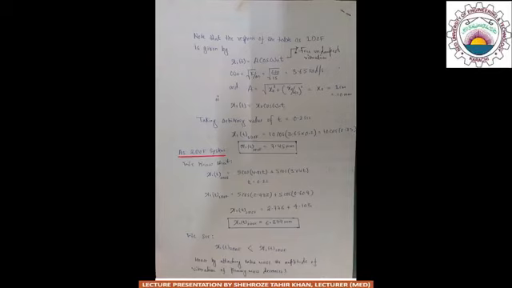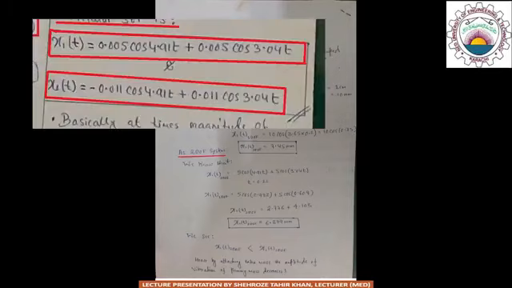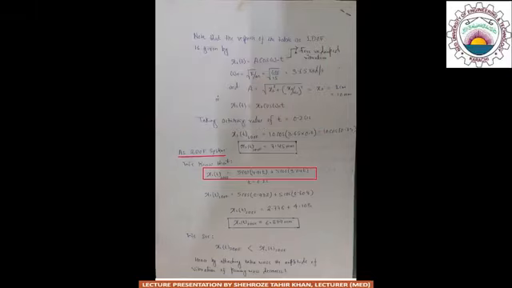Now let's consider the system as a 2 degree of freedom system, and for that 2 degree of freedom system, we have already calculated its two responses, x1 of t and x2 of t respectively. Since we are interested here to find out the vibration response of the primary mass, which is in this case the optical table, therefore we are considering the response x1 of t, and in this response we are taking the same value of time which we used above for the single degree of freedom system, that is t is equal to 0.2 seconds.